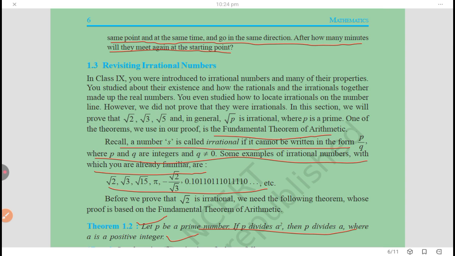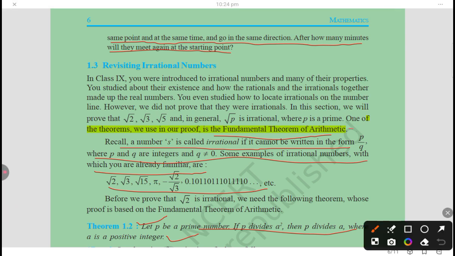One of the theorems we use is the fundamental theorem of arithmetic. So recall, a number s is irrational if it cannot be written in the form p by q, where p and q are integers and q is not equal to 0.